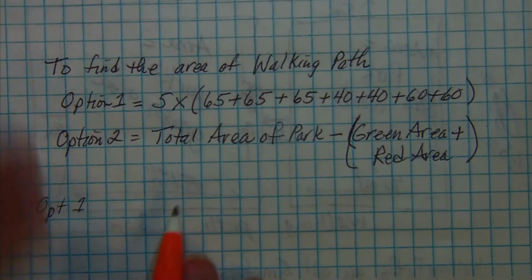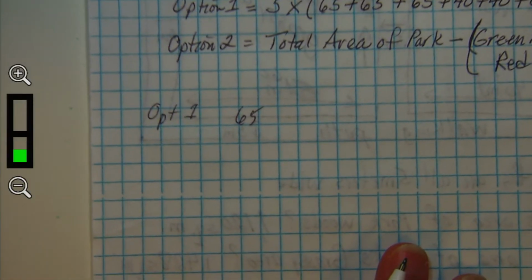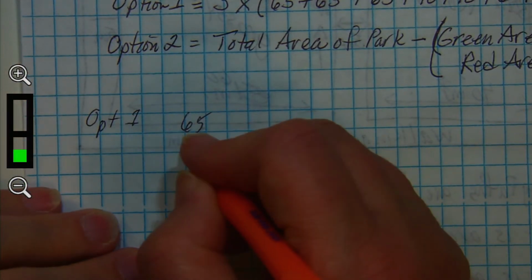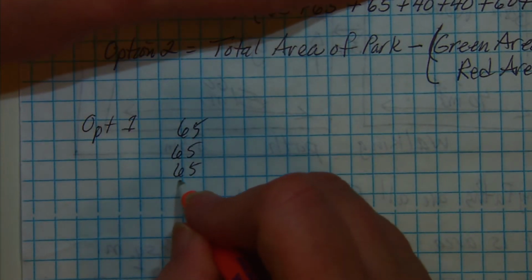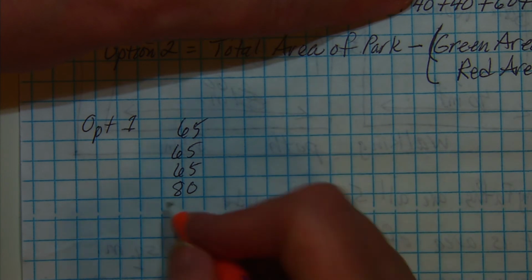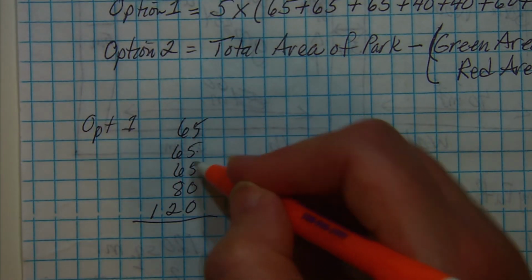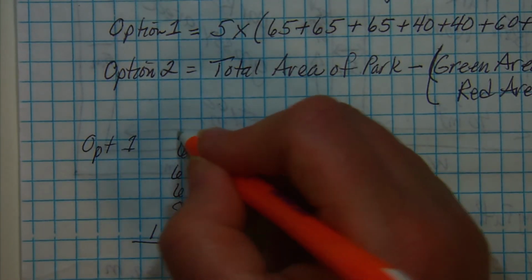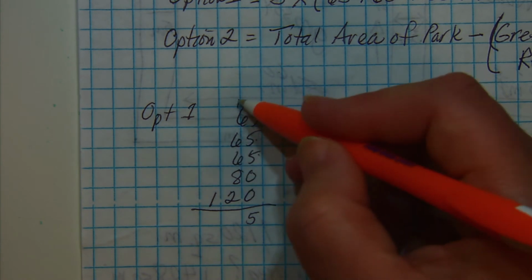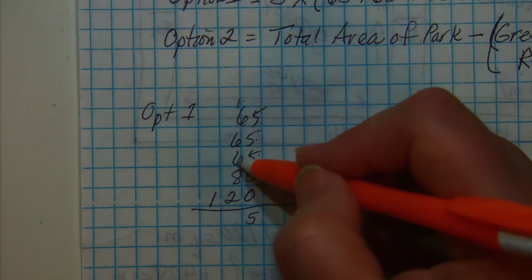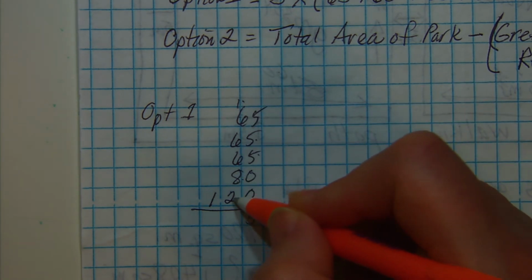All right, so option 1, we've got 65, 65, 65, 2 40s, let's put that together and make it an 80, and 2 60s, put those together and make a 120. 5, 10, 15, 5 down, regroup 1, 6, 12, 13, 6, 12, 18, 19, plus the 8 is 27, plus the 2, 29.